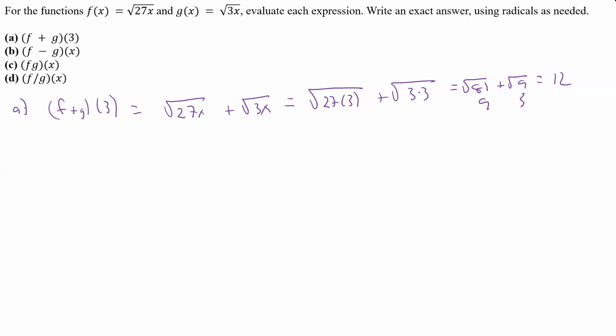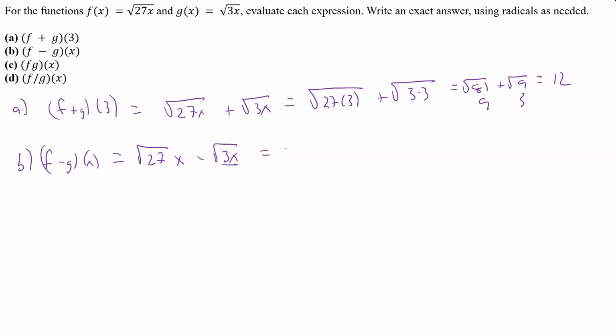What about f minus g? Now they only want x. So for b, we're just going to take f minus g of x. And so that's going to be the square root of 27x minus the square root of 3x. Now, I wonder if we can get these to like terms. Here we have a 3x.